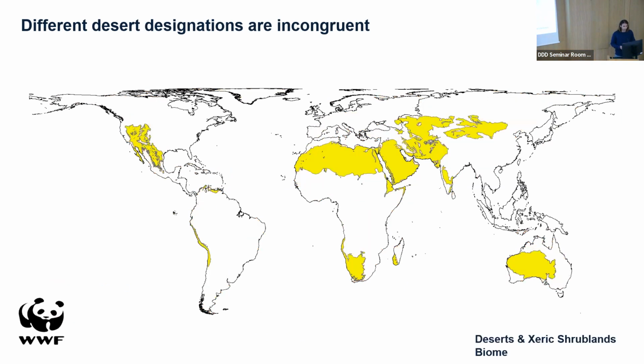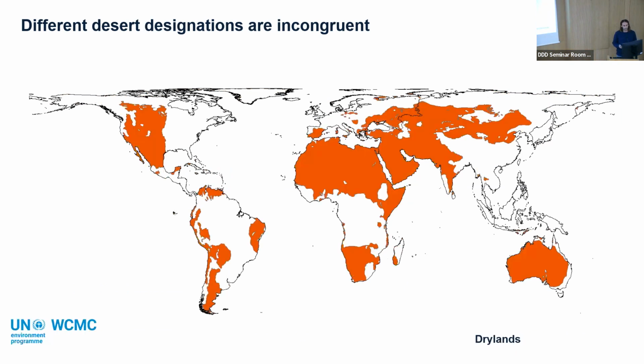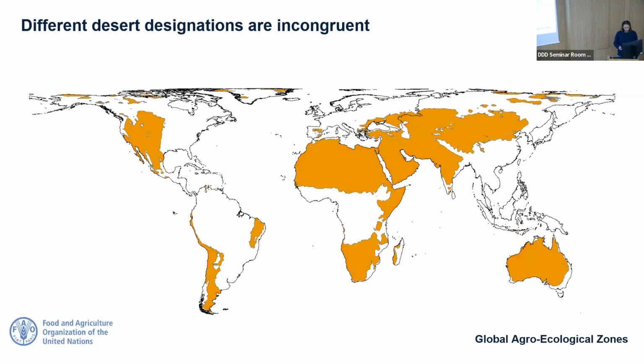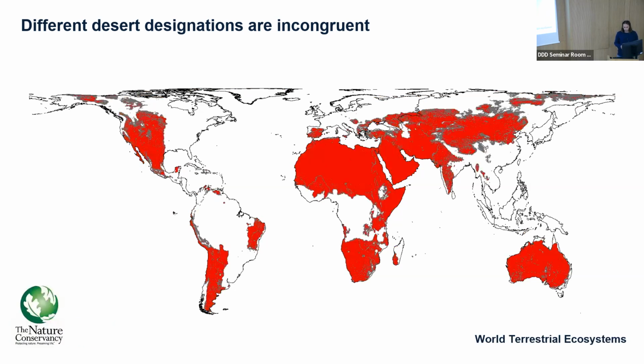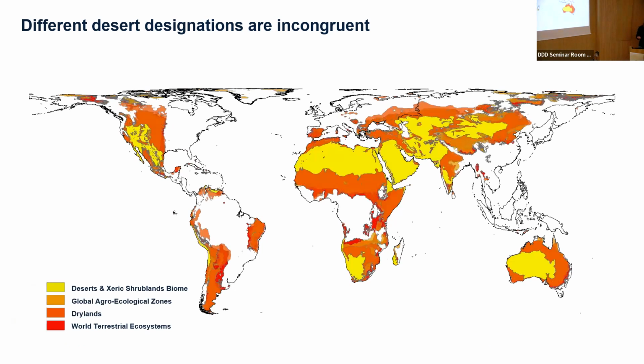For example, we have deserts and xeric shrublands biome as classified by the WWF, drylands as classified by the United Nations Environment Program, desert regions as classified by the Global Agroecological Zone, and world terrestrial ecosystems as classified by the Nature Conservancy. And these different designations have implications for how we communicate, develop, manage, and conserve deserts.